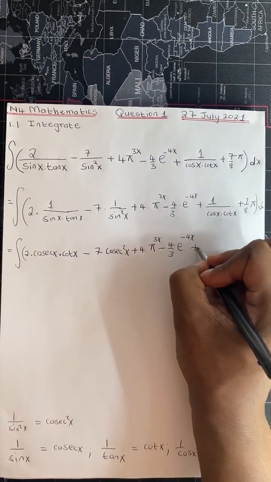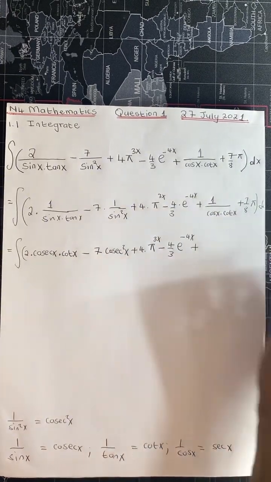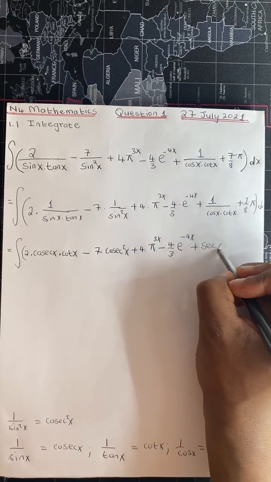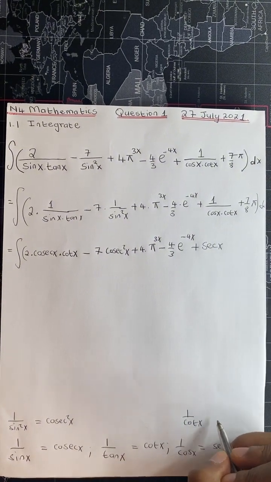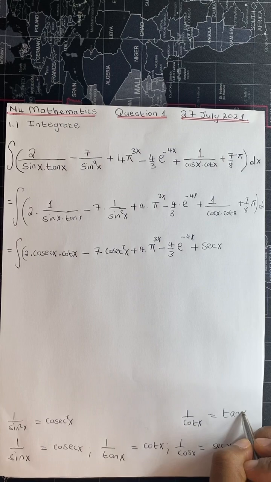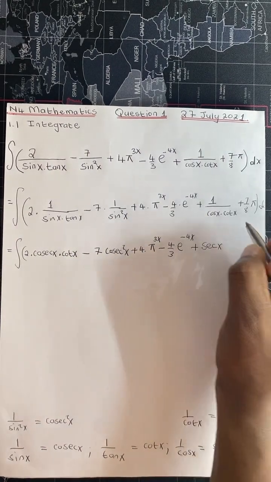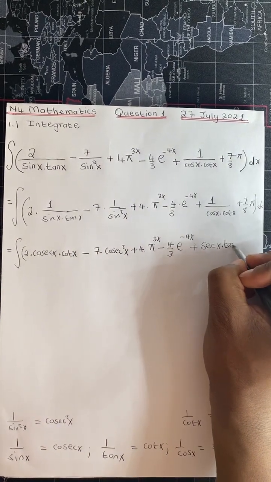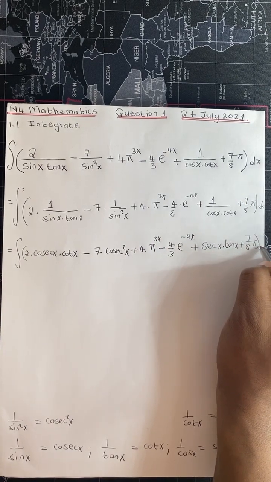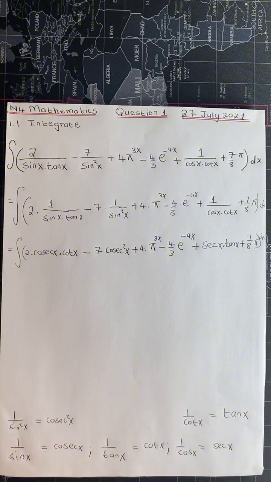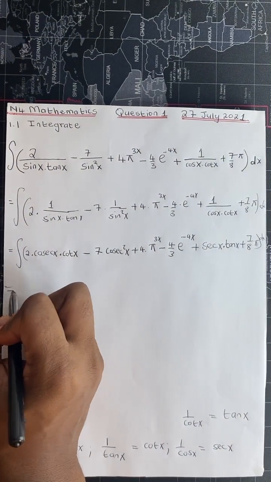So we write plus, in the place of that 1 over cos x, we write sec x, and 1 over cot x is equal to tan x. So in the place of that 1 over cot x, we write tan x plus 7 over 8 pi dx. So from here we are at liberty to integrate.